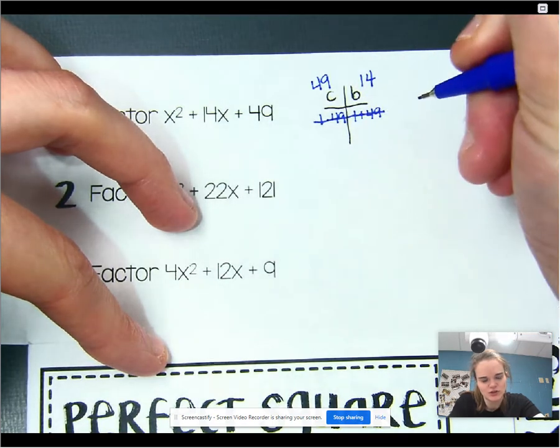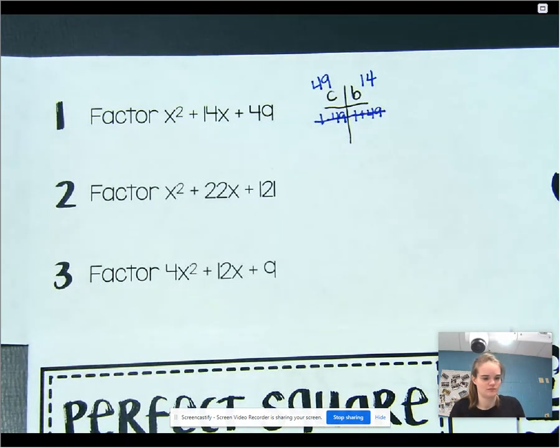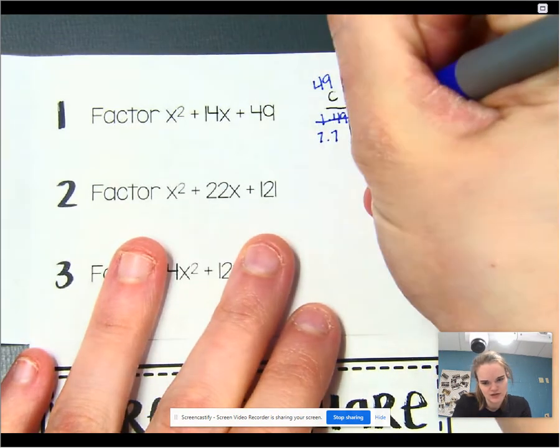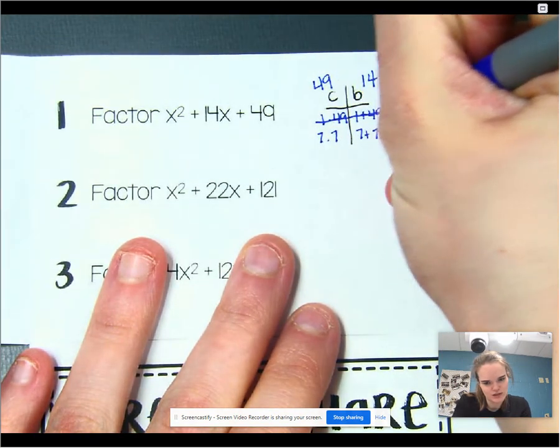Okay, 2 won't go into it, 3 does not come out even, 4, nope, 5, no, 6, no, 7, yes, 7 and 7. And 7 plus 7 is 14.